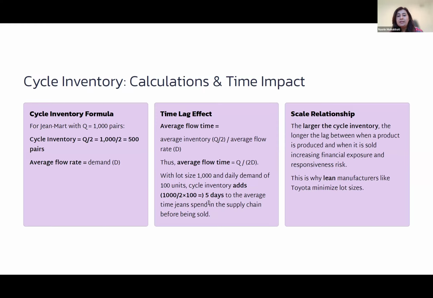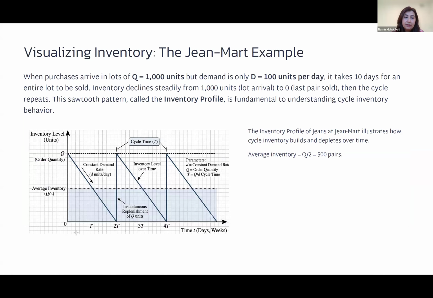It takes 5 days on average for any unit of inventory to stay in the supply chain. So again, when we talked about 10 days, it was the entire time from placing the order until we get to zero. But 5 days is the average amount any unit of inventory spends in the system.